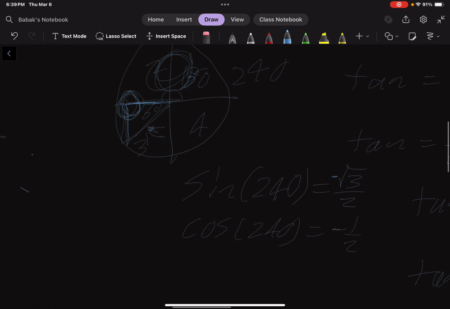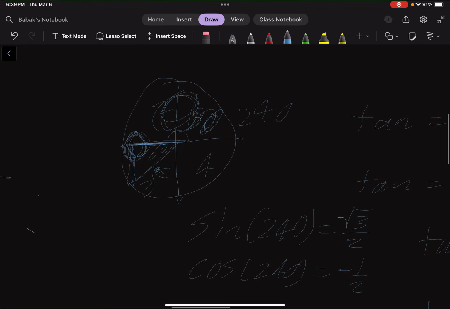And similarly, in quadrant 1, tan will also be positive, since they're both positives being divided. However, in regions 2 and 4, in 2 specifically because cosine is negative and sine is positive, tangent will be negative. And in 4, because cosine is positive and sine is negative, tangent will also be negative.